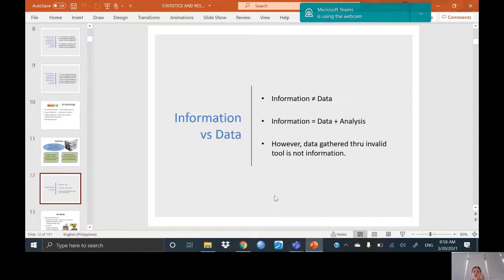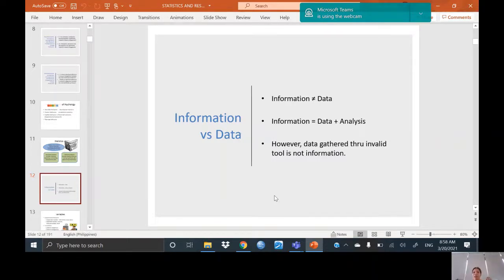And of course, statistics is highly reliant on data. Now, let me give some kind of a distinction between information and data. When you say information, it is not equal to data. Data are simply figures or numbers. But when you say information, it means you have data with attached analysis.